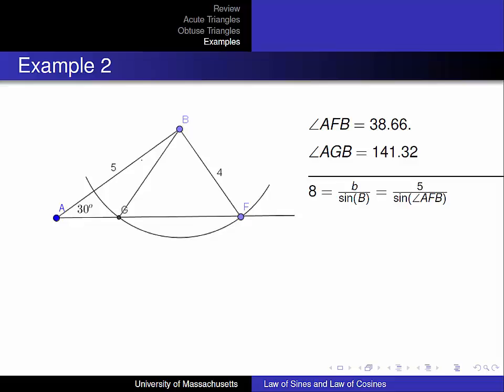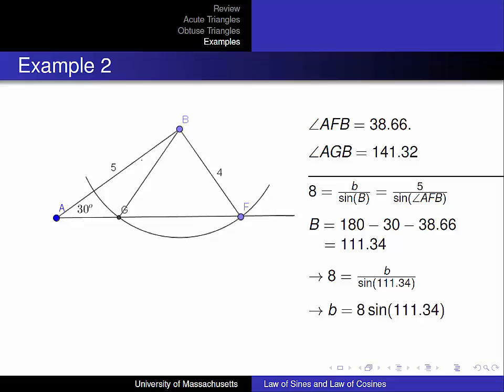Since we know that angle AFB is 38.66, we can solve for angle ABF, and we get that B is going to be 111.34 degrees. Now, finishing the law of sines, we get that 8 equals b over sine 111.34, and multiplying both sides by sine of 111.34, we get that b equals 7.45. So that is the solution for triangle ABF.